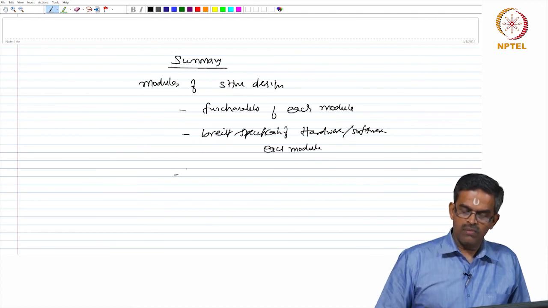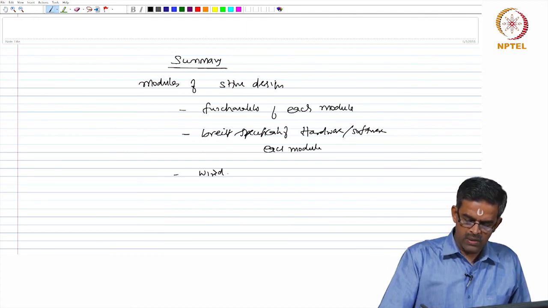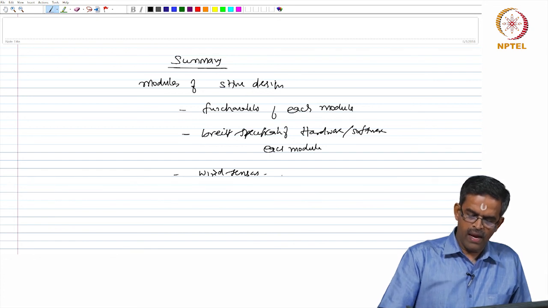We also saw the requirements of wired sensors and a brief specification used in these modules.